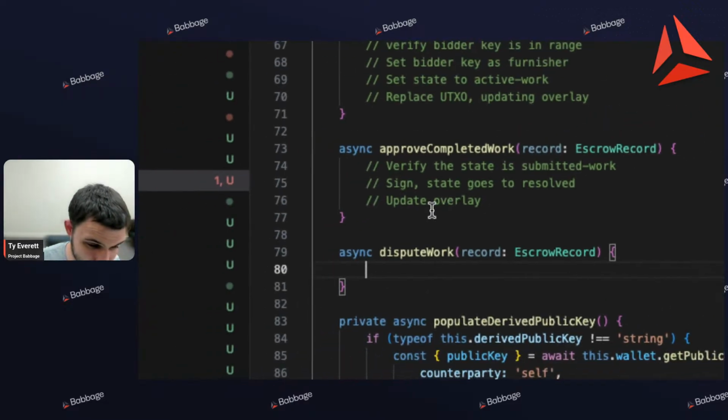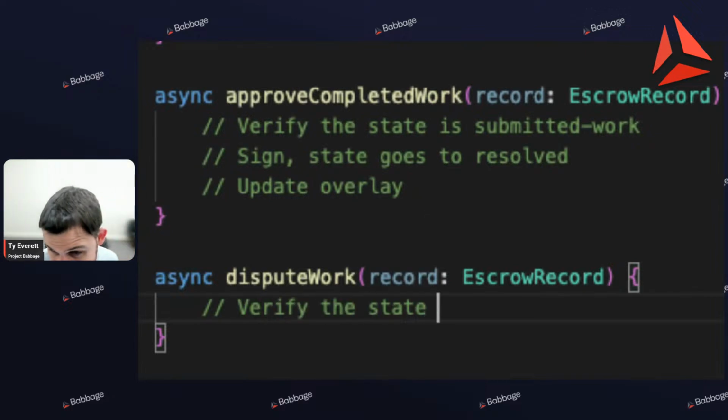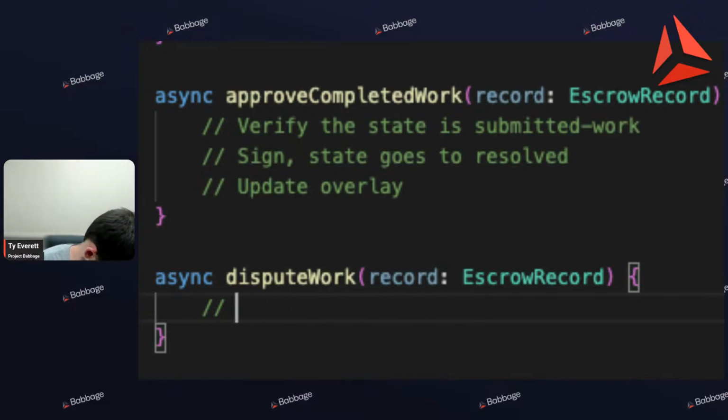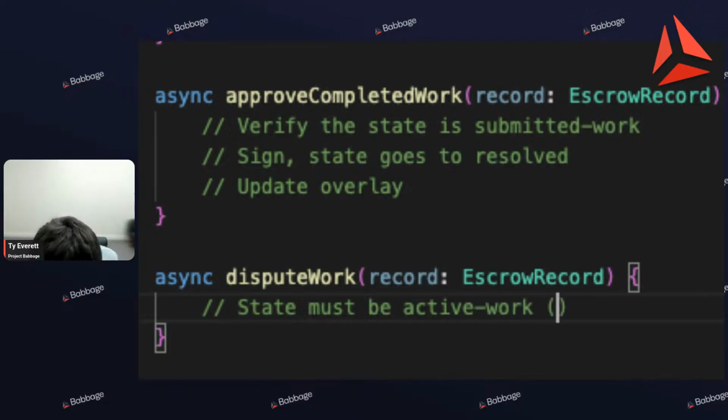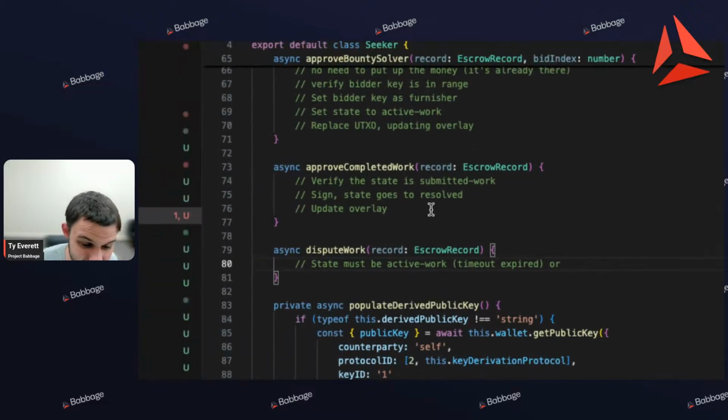To dispute work, you verify the state. So state must be active work with timeout expired, or submitted work.